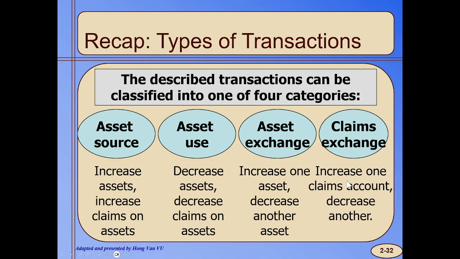Also, a business can engage in an infinite number of different transactions, but all transactions fall into one of 4 types, which include the asset source transaction, asset use transaction, asset exchange transaction, and claims exchange, which increases one claim account and decreases another.